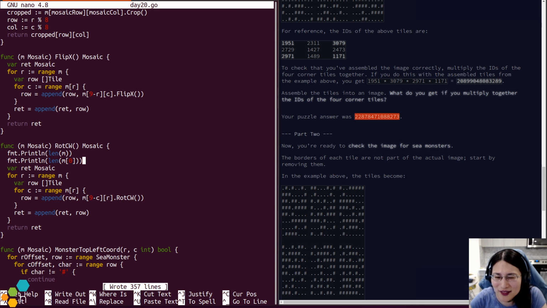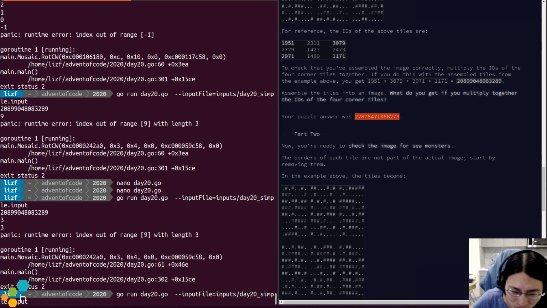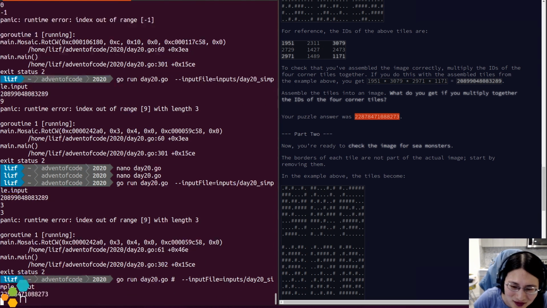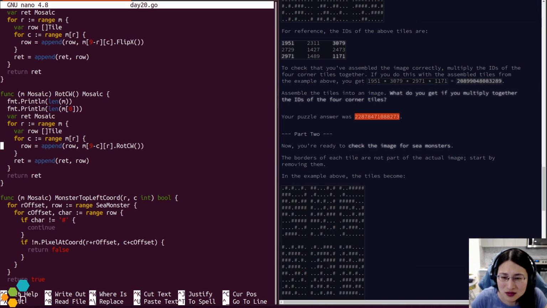Let's just make sure that's all copacetic here. Okay, yep, those are 3 by 3. And that is all 12 by 12, so that should be fine. Oh, because it's not 9 minus this value here. Yeah, okay. Now I understand what's happening.